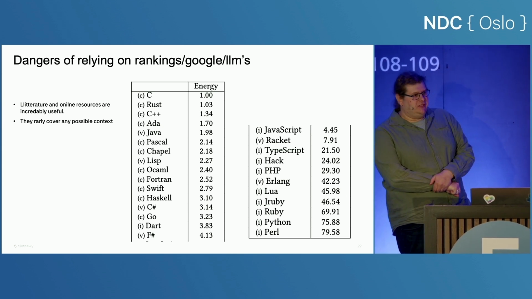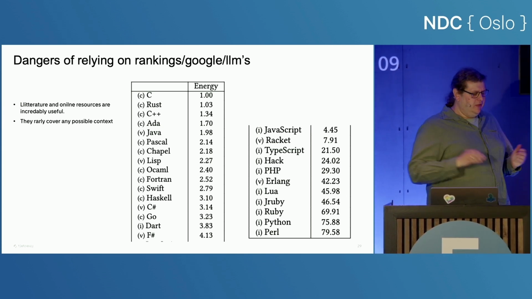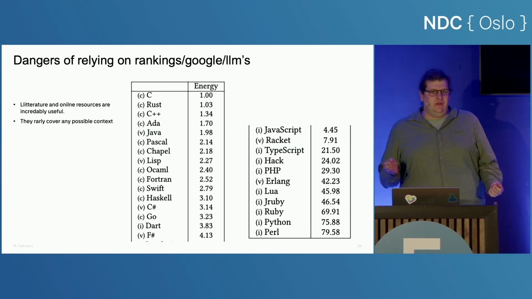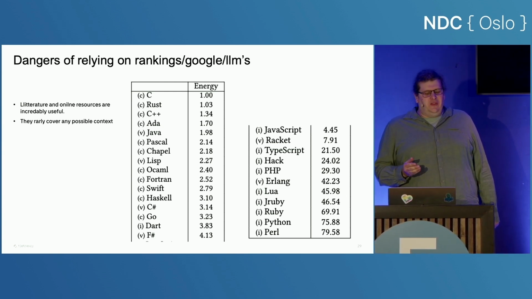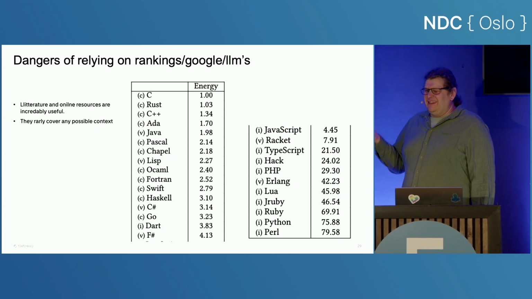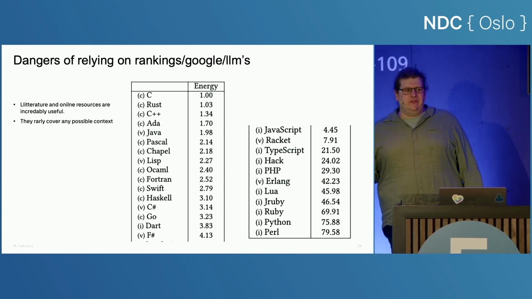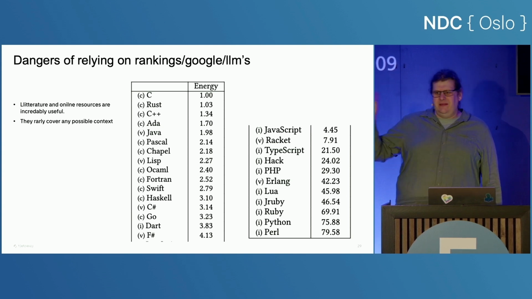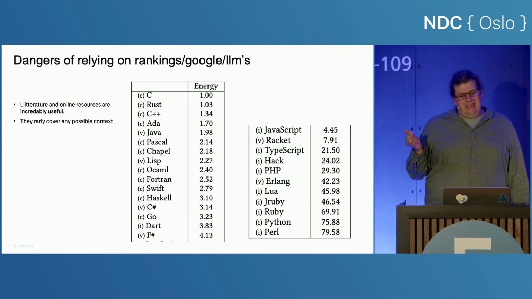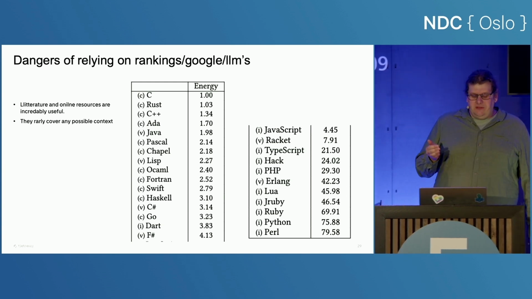This is the ranking I was just talking about. And you can rely on these types of rankings, especially when they're peer-reviewed and all that, at least to a certain degree. In this ranking, we see the sort of pattern we would expect: languages compiled down to machine code are the fastest generally, with some exceptions.